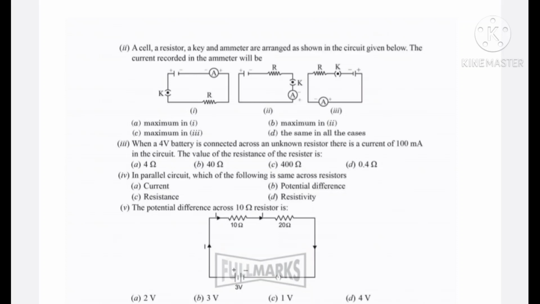While discussing parallel connection, I have explained which quantity will remain the same and which quantity will vary when a parallel connection is given in a circuit. So go through that and find the answer. And finally, the fifth question: the potential difference across the 10 ohm resistor is dash. Two resistances are given here, 10 ohm and 20 ohm, and a battery of 3 volt is connected there.